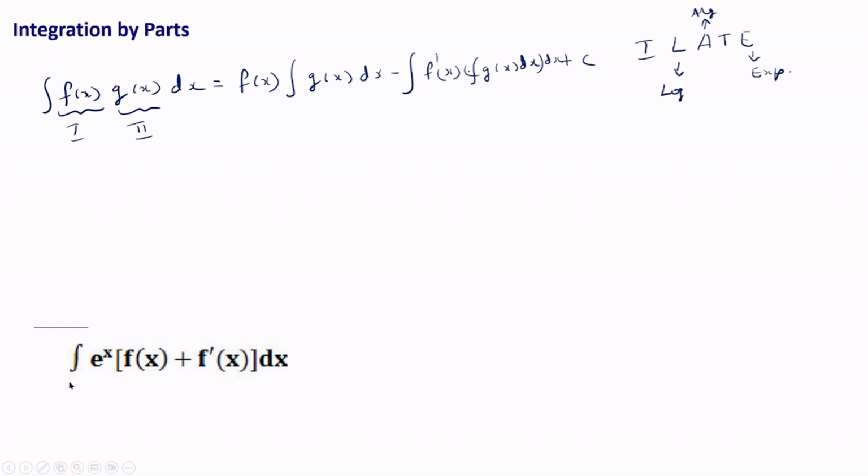If we have a function of the form integral e raised to x into (f of x plus f dash of x) dx, this is nothing but e raised to x into f of x plus c. So this is another result which we can use for a function of this form.